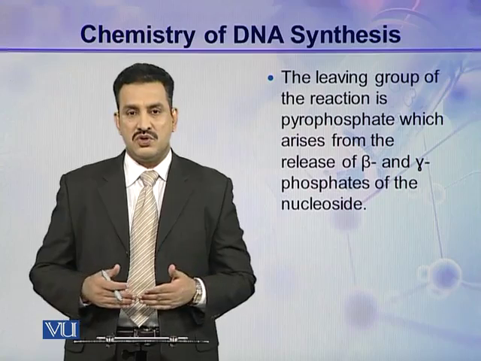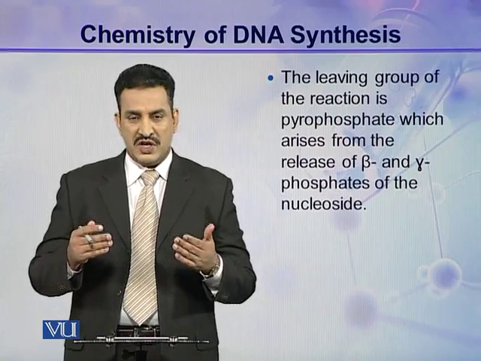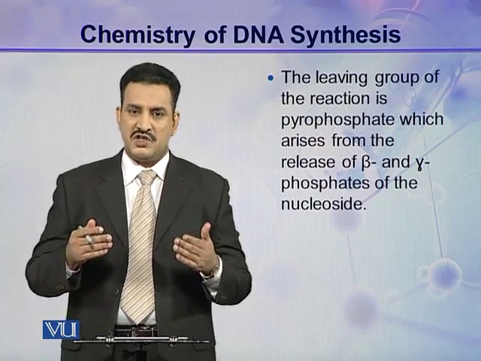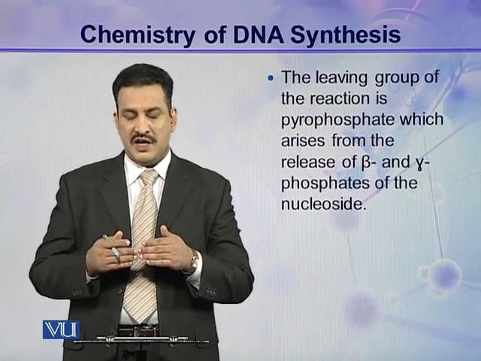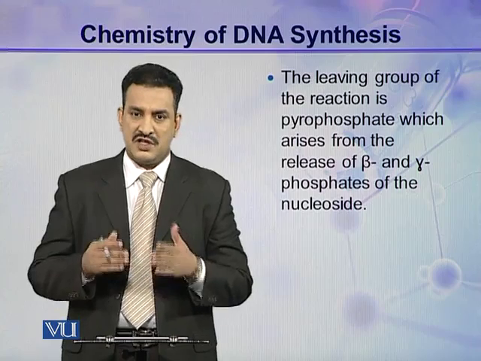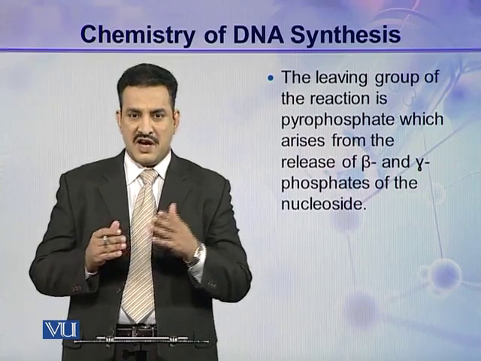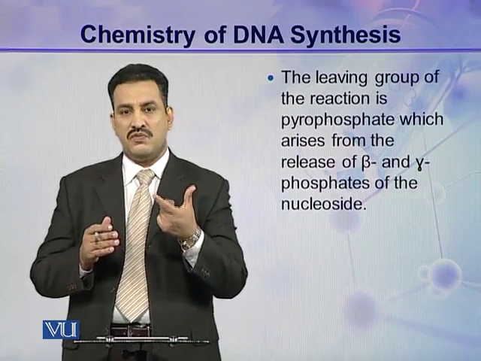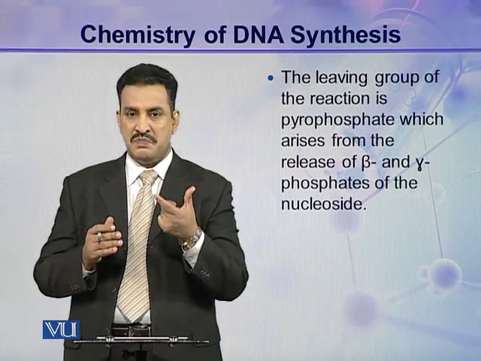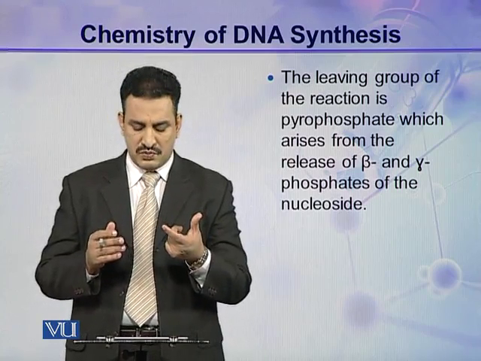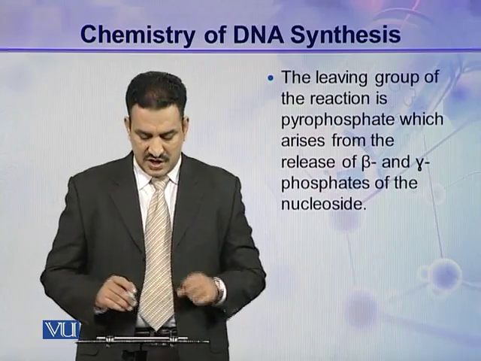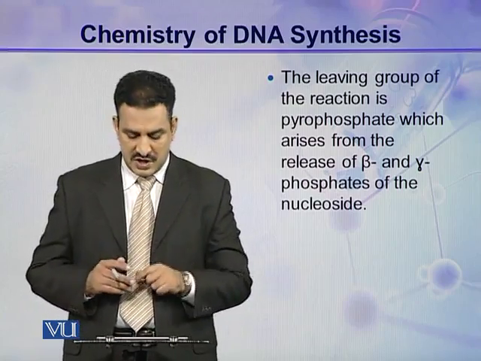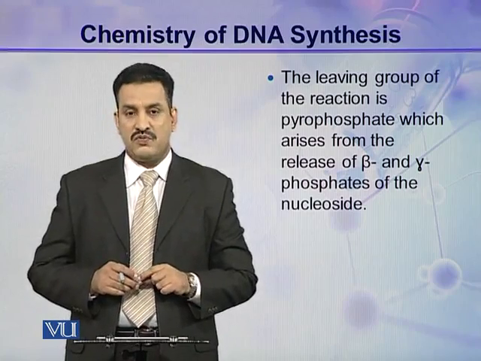As you saw, the 3' OH attacked the alpha phosphoryl bond. As a result of this attack, that bond was broken, and the two phosphate groups, the beta and gamma phosphate groups, are released. These two phosphates are called pyrophosphate.